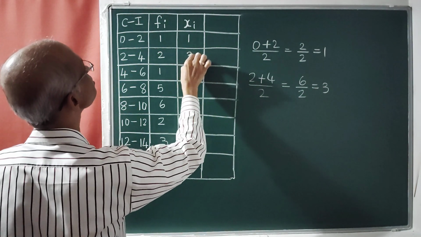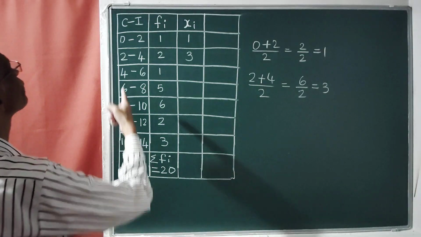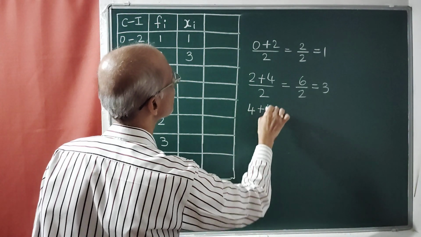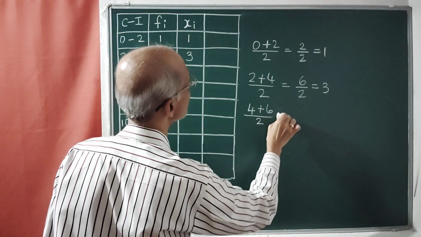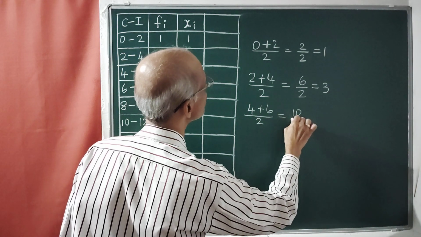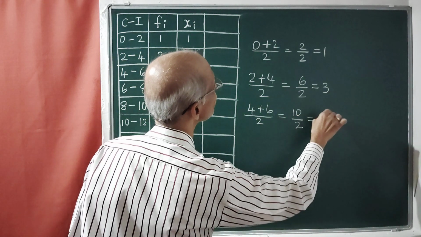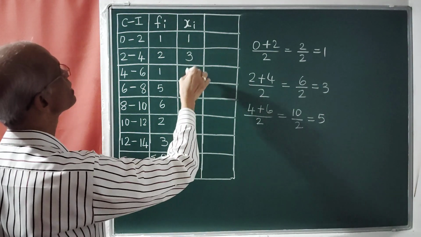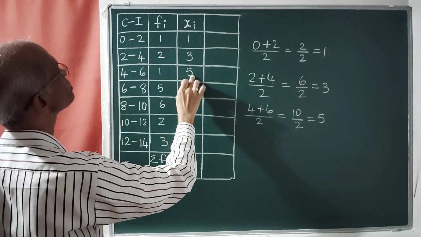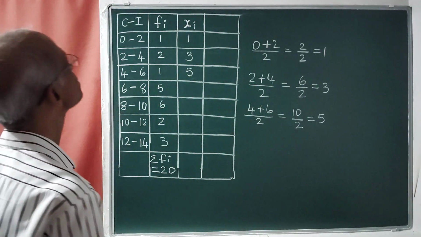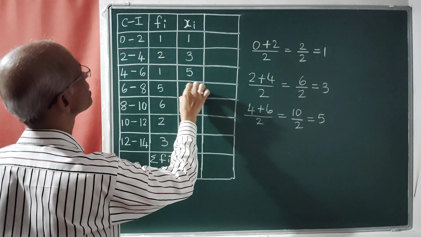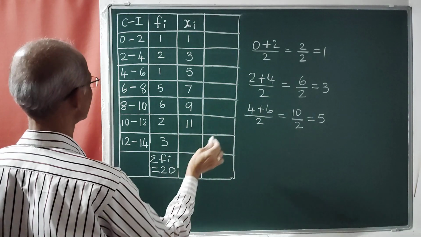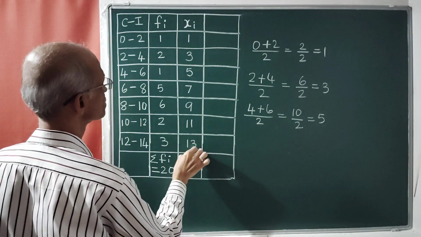The class mark is 3. Same way, 4 plus 6 divided by 2, 10 by 2, that is 5. The class mark is 5. Now we can write the remaining ones based on this. Here will be 7, 9, 11, 13.